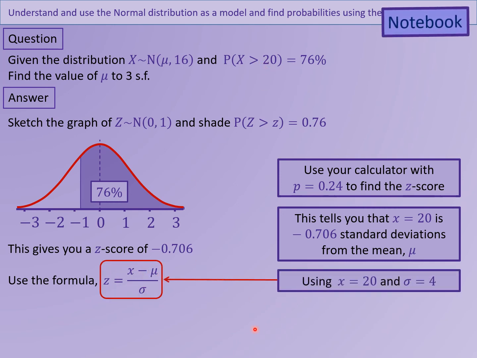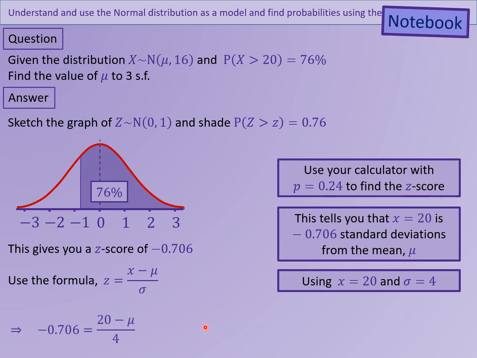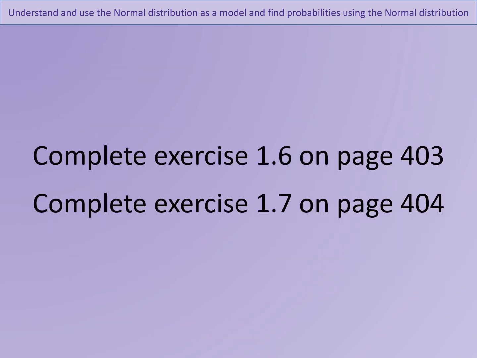But we can put everything else in. So put it all into that equation. Bit of rearranging. Pause there, just number crunch, see if you can figure out your mean. And then your mean is 22.8. Does that make sense with greater than 20 at 76%? So if 20 is in the middle, does 22.8 make sense?